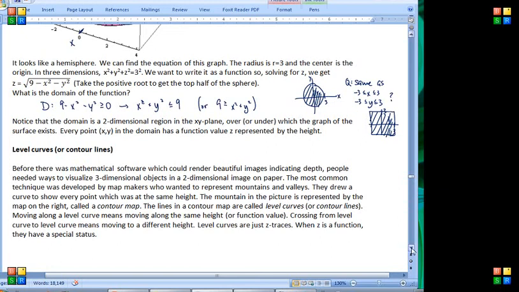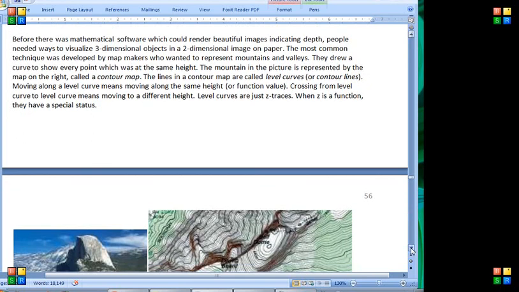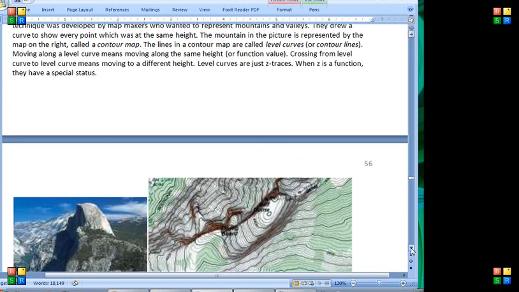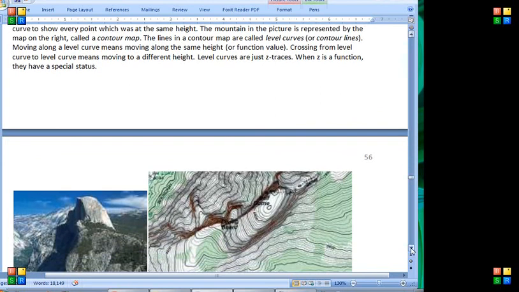Let's get that up here. There you go. So on the left you've got the mountain, and on the right you've got the map. So what does the map show? Well, that map is called the contour map, and the lines are called level curves.